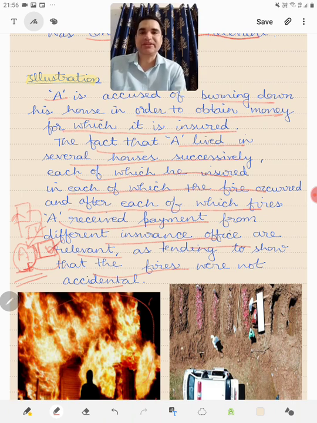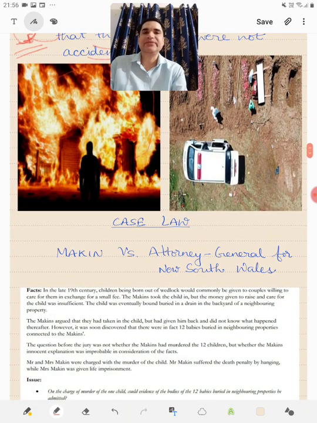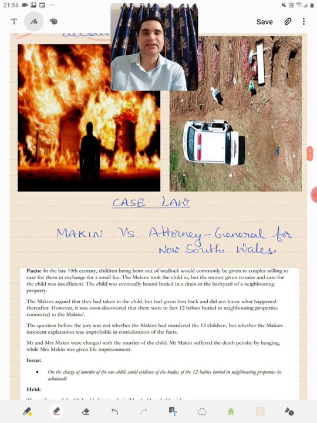So Section 15 says that whether an act is accidental or intentional, what would be relevant is whether in similar occurrences that particular person was involved or not.